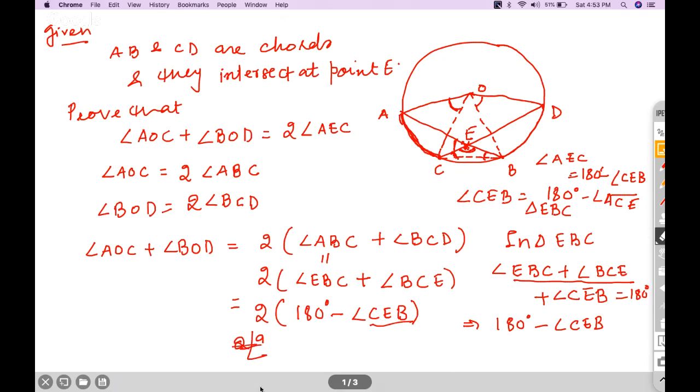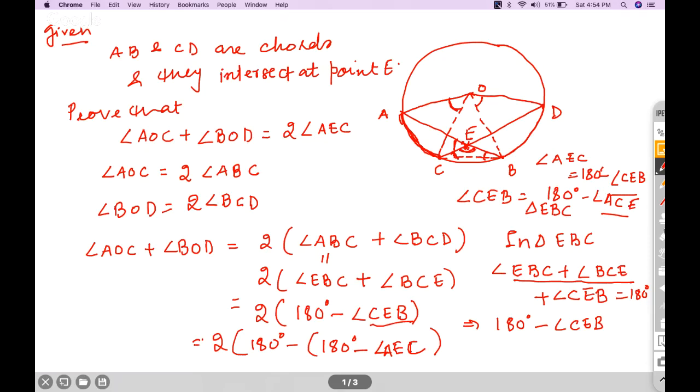So this will be 2 times 180 degree minus, 180 degree minus CEB can be written as 180 degree minus AEC.